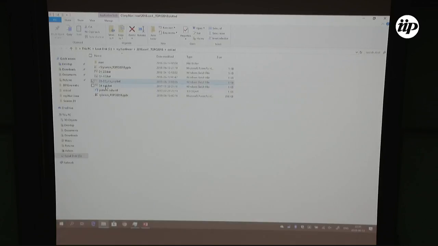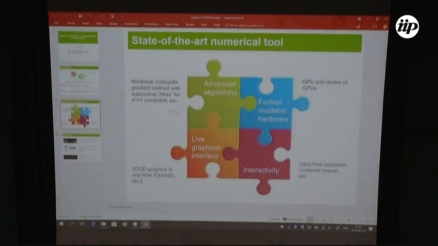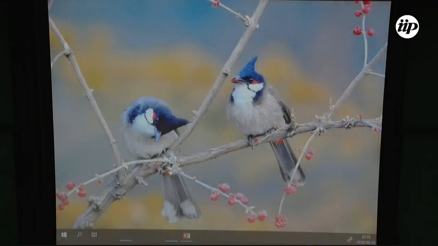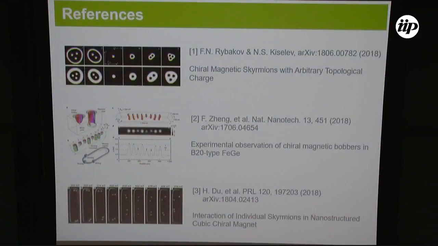Yeah, and at the end, let me draw your attention to our latest works. The first one is about this diversity of skyrmions in chiral systems. If you're interested, you can find more details.